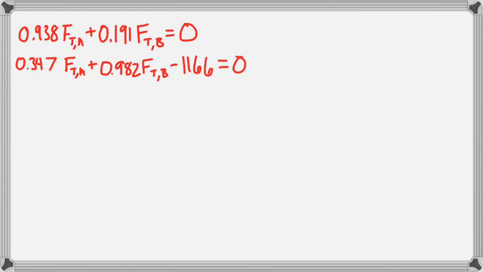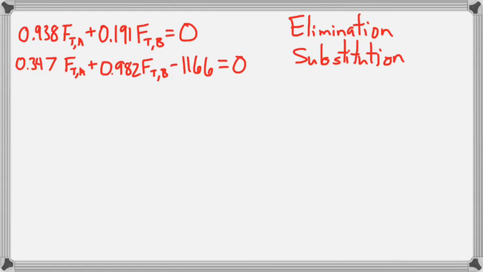Now, I can solve this in one of two ways. Systems of equations can be solved either by elimination or by substitution. I think I am going to show you how to solve this one with elimination.